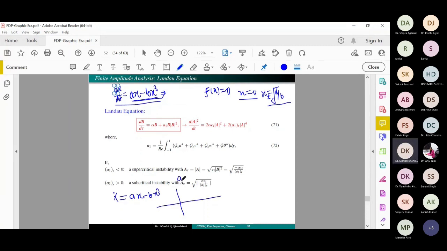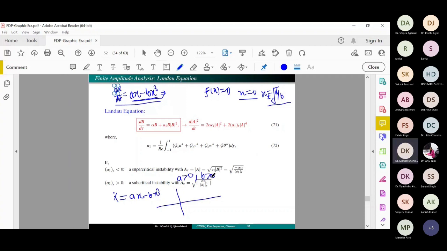Later I will come to this equation, because once you understand this equation, we can easily analyze the others. If a is greater than 0, b must be greater than 0 for a real solution, because square root of a by b needs a by b positive. It is the only possibility.